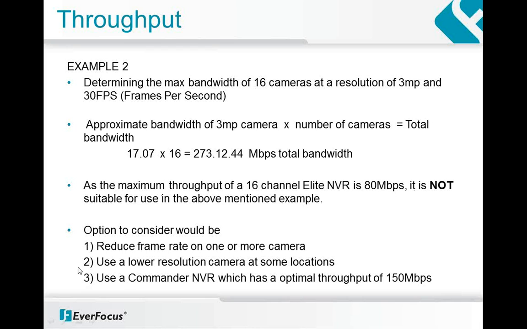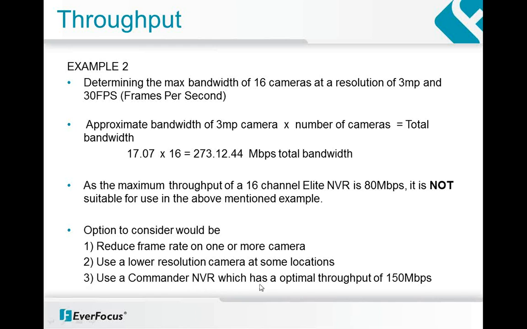So what do you do? You have a couple of options here. You can reduce the frame rate on the cameras or multiple cameras to get you within that 80 megabits per second to use the Elite. You can use a lower resolution and then recalculate it, and hopefully that'll get you in the 80 megabits per second.